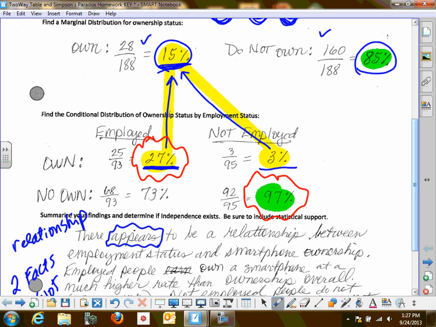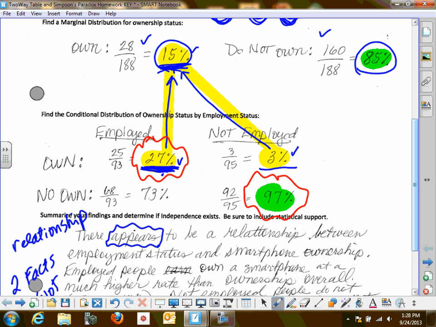What could you say about being employed and owning compared to owning overall? It's more. Very good. Being employed, you have a higher rate of ownership than just owning a smartphone overall. Good. And so I would compare this 27 to 15, or I would compare this 3 to 15. But I would not ever compare 27 to 3.